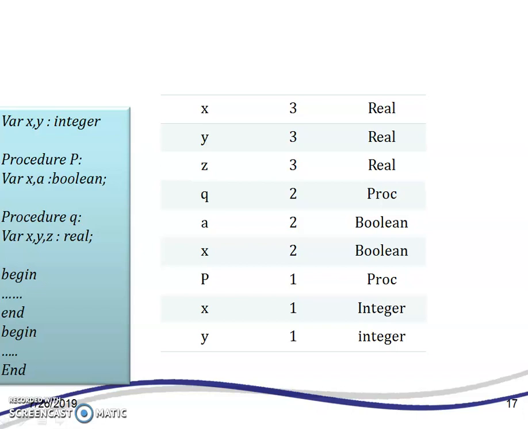X, Y, P are the names that appear in the outer block, having nesting depth 1. Now, as procedure P is within the main block, its nesting depth becomes 1 plus 1, 2. So the names that appear in procedure P, which are X, A and Q, have nesting depth 2. In the same way, the nesting depth of the names that appear in procedure Q is 3.